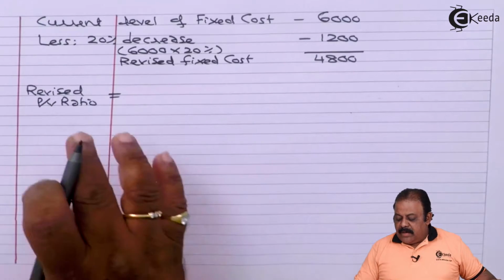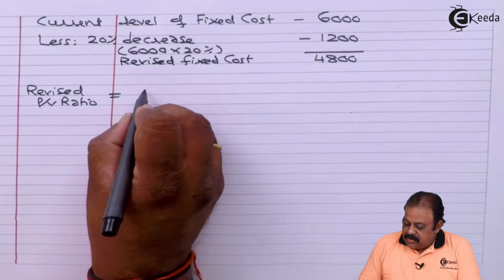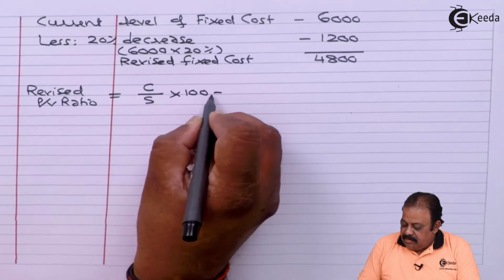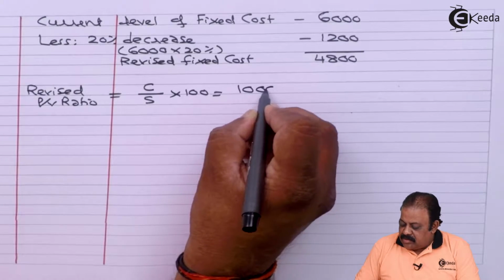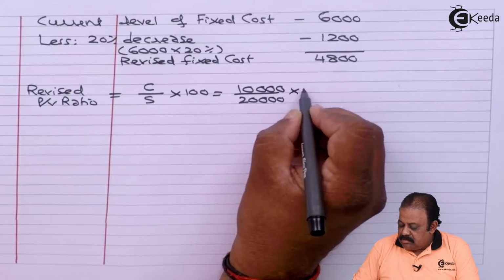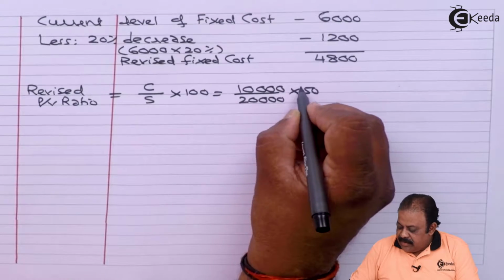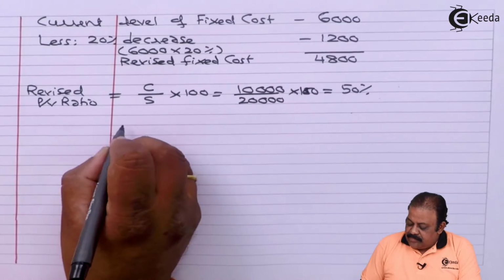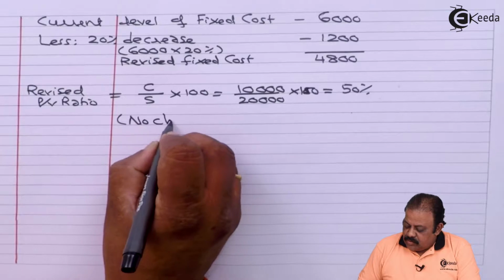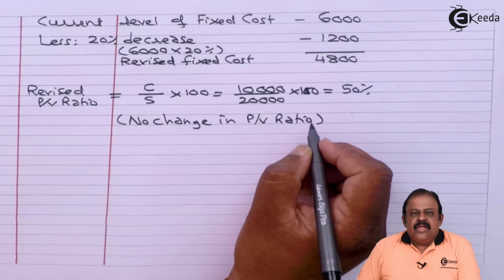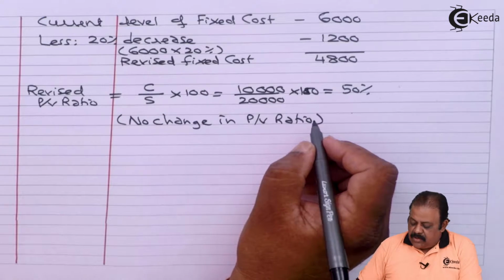So if we calculate PV ratio, contribution upon sales multiplied by 100, it will be same: 10,000 contribution, sales 20,000, multiplied by 100, we are going to get 50%. That means there is no change in PV ratio.